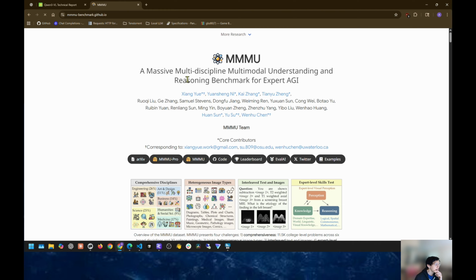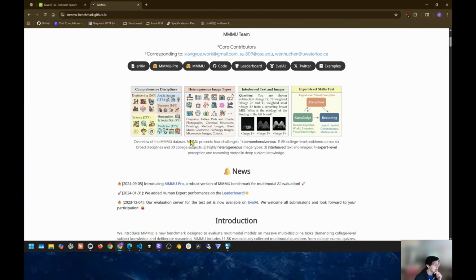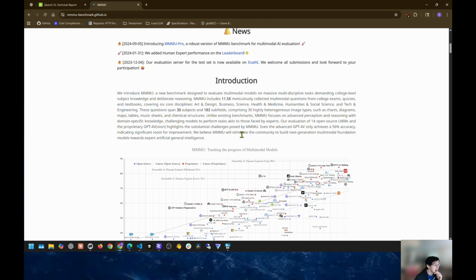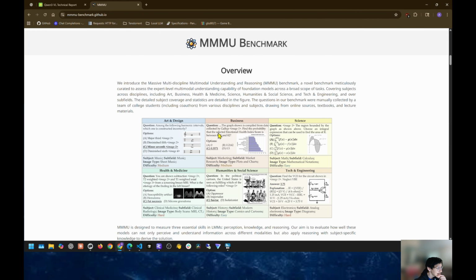MMMU Pro benchmark, a massive multidiscipline, multimodal understanding and reasoning benchmark for expert AGI. Okay, what is it? So I guess these are some examples. Among the following harmonic intervals, which one is constructed incorrectly? So I guess it's multiple choice.